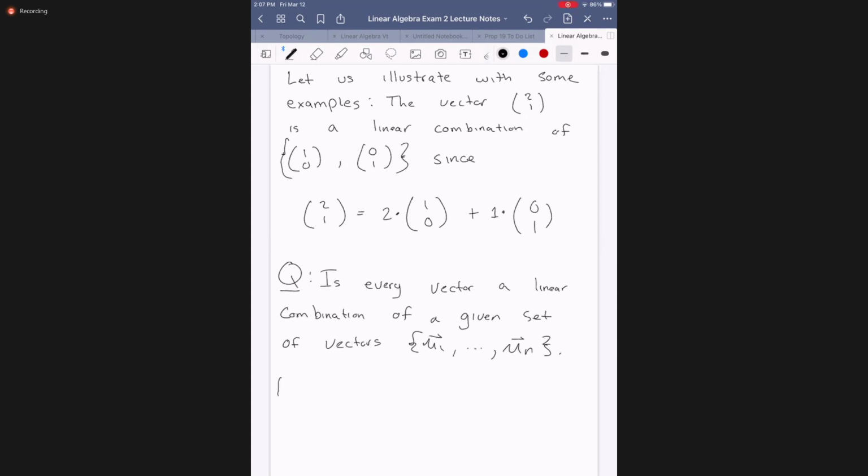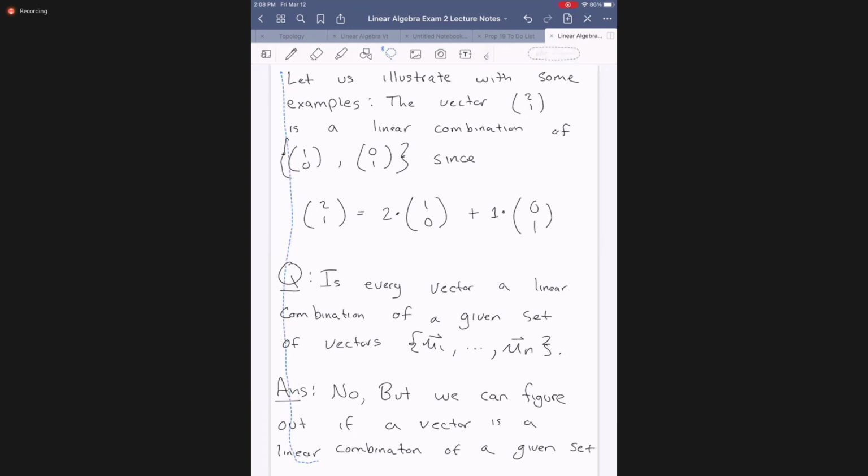The answer is no. However, we can figure out if a vector is a linear combination of a given set.